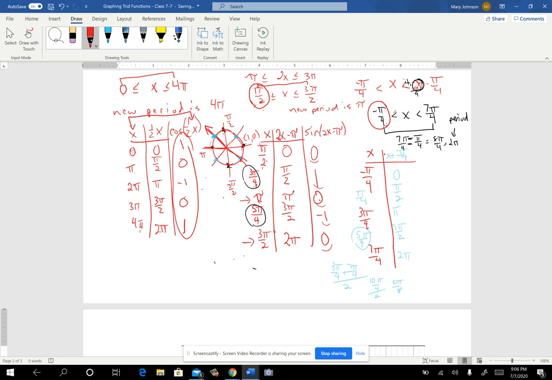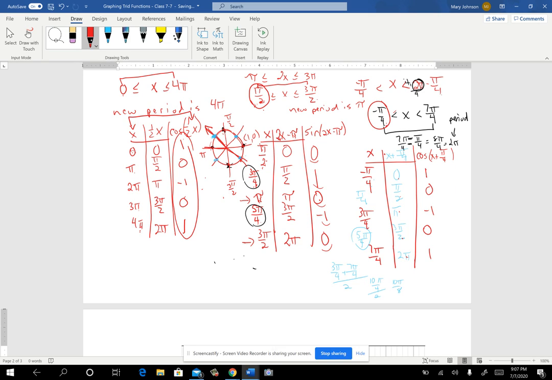All right, so if I'm trying to do cosine first before I do my secant, then I know cosine of 0, well, that's 1. Cosine of this is 0. Cosine of pi is negative 1. Cosine of that is back to 0, and cosine of that is back to 1.